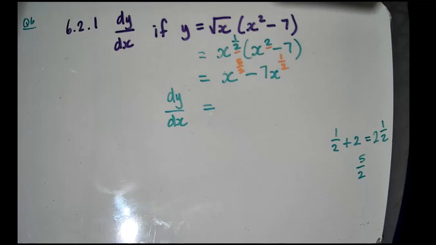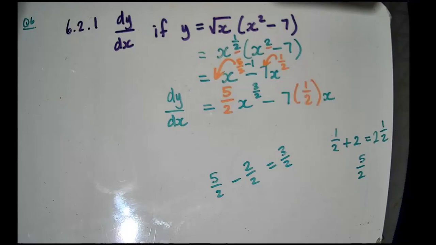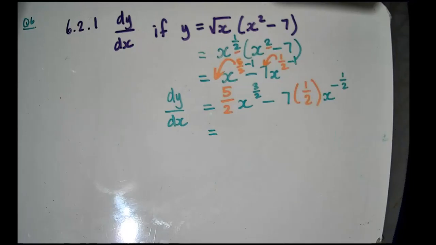So doing differentiation on that expression, this means I must bring 5 over 2 to the front of x and subtract 1 from the exponent. This will give me 3 over 2. The same thing with the second term. Bring the half to the front and then subtract 1 from the exponent. This will give me negative half.